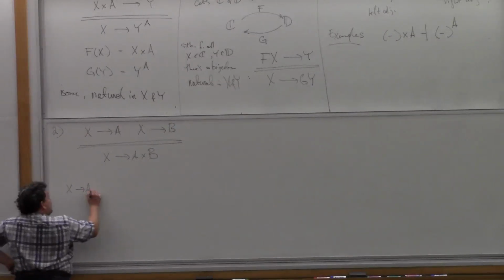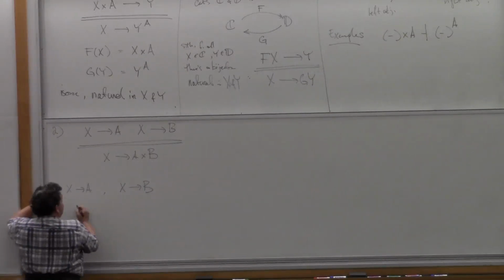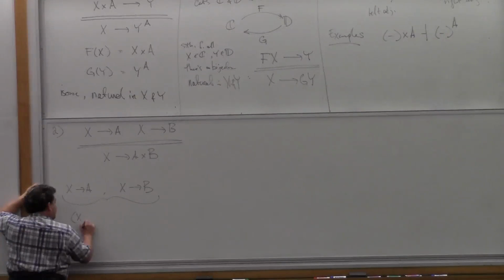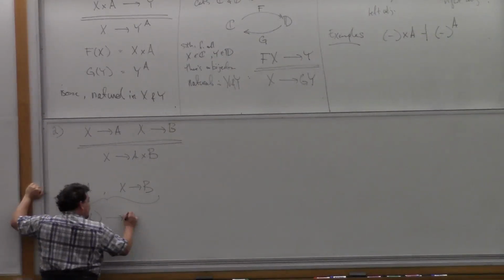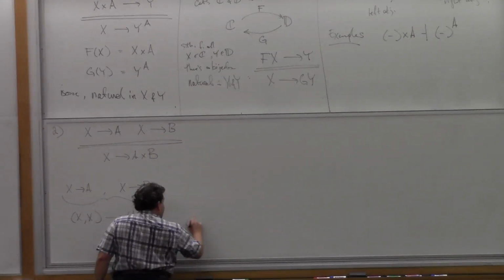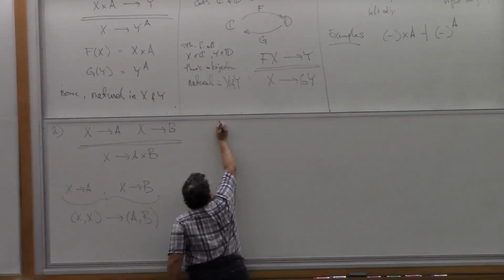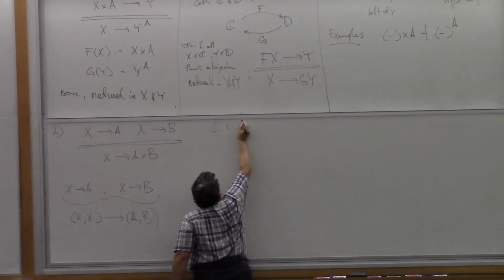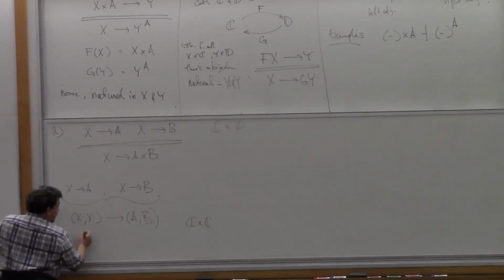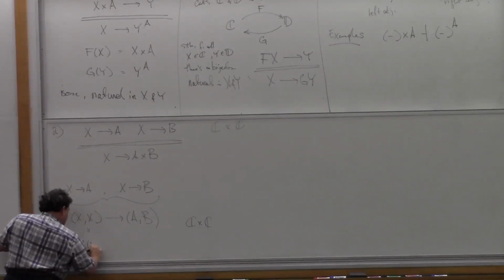X into A together with X into B. Really, we can put that together as a single map of the form (X, X) into (A, B). That's a map in the category C cross C. So what's above the line here is exactly a map in C cross C, whatever our category C is. And this is an object of a special kind. Let me call it delta of X.